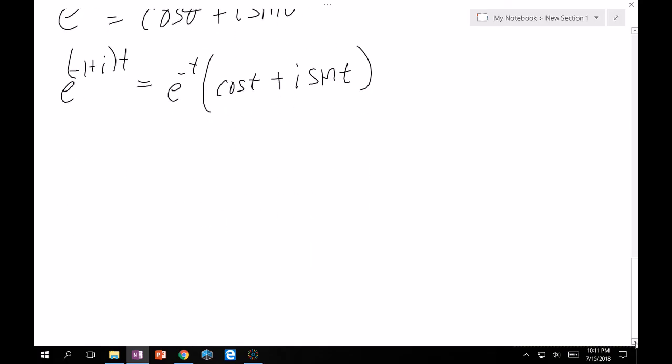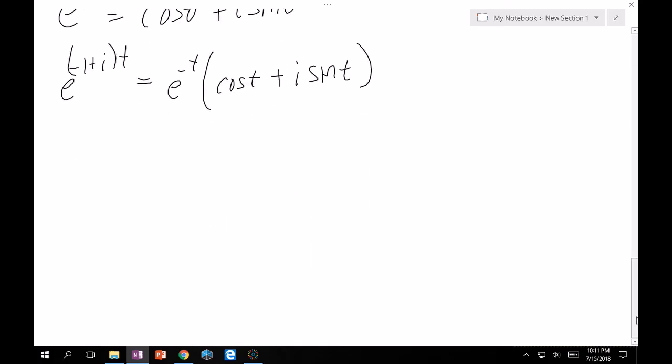So now at this point, what you want to do is to try to find the real part of the e to the lambda t times b.